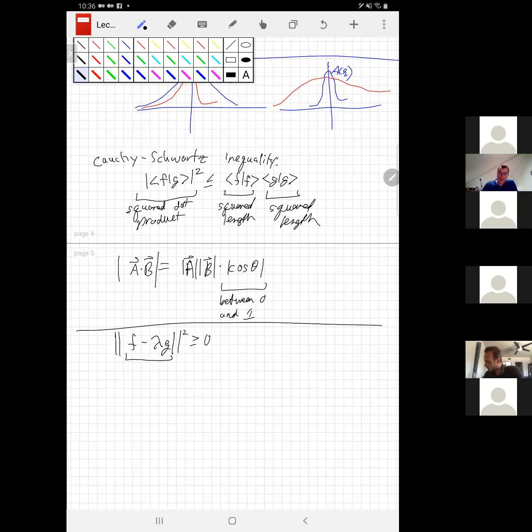Two functions f and g and some constant lambda, and the squared length of f minus lambda g is greater than or equal to 0, which is true no matter what, because any vector's length must be non-negative. Any vector's squared length must likewise be non-negative. So the length of f minus lambda g is clearly greater than or equal to 0.